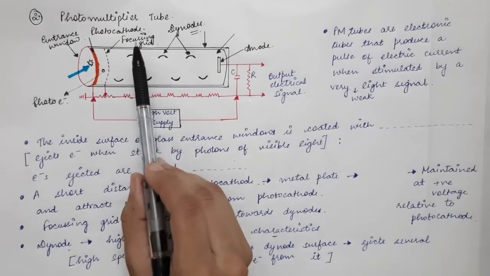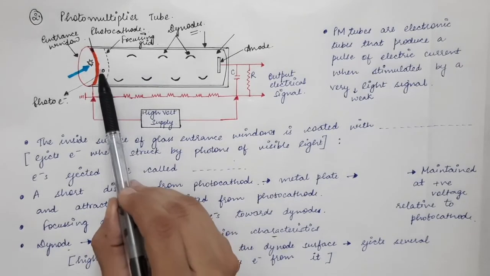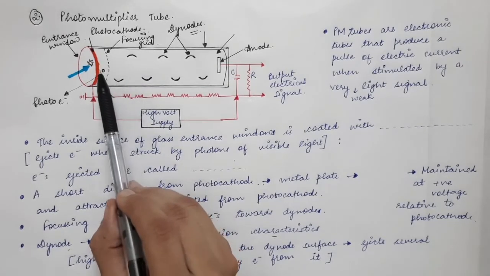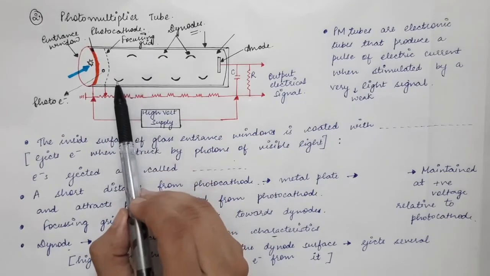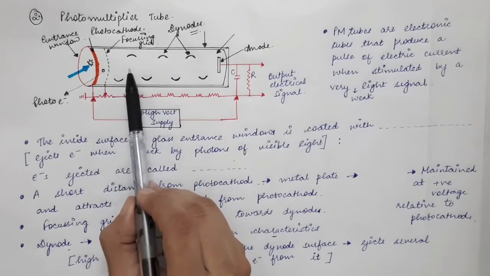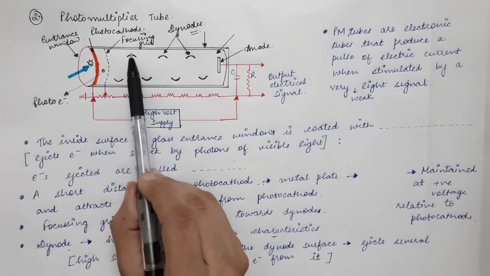So we need a focusing grid so that these electrons are directed towards the diode. And the electrons which are emitted from this diode, large number of electrons, fall on the second diode.